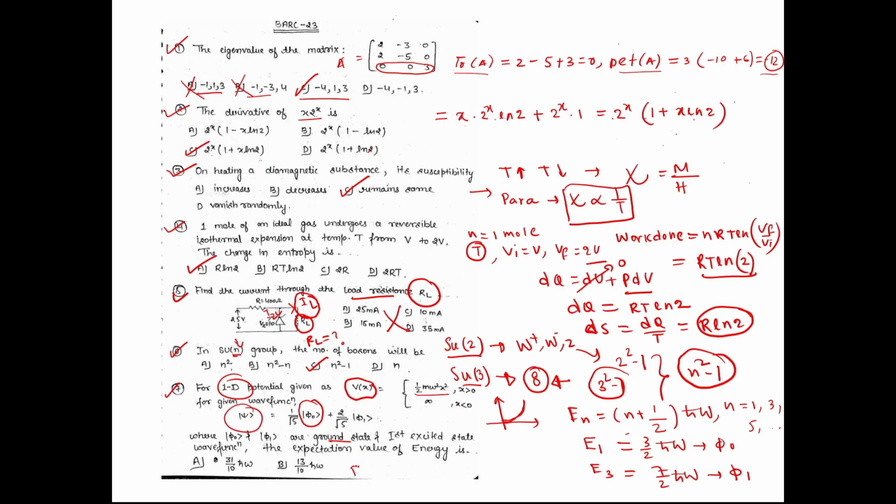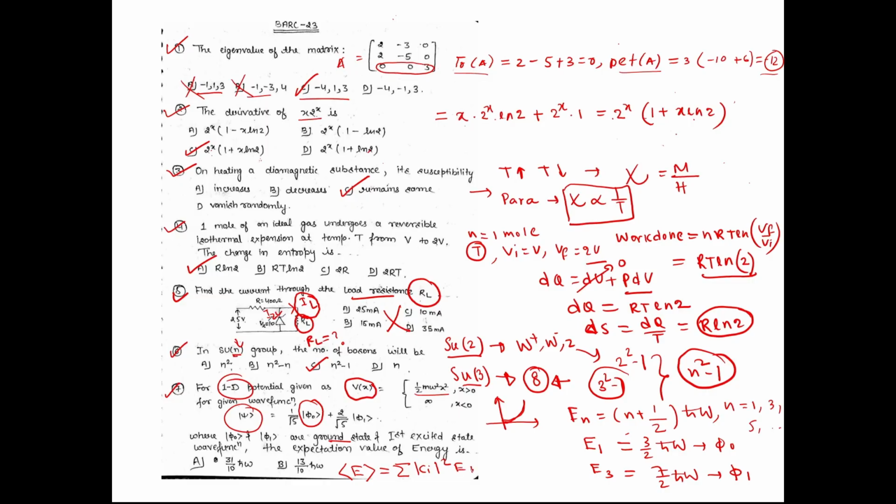The expectation of E is basically given as the sum of mod of Ci squared, the coefficients of the states phi 0 and phi 1, times the energy eigenvalue Ei corresponding to these two states.